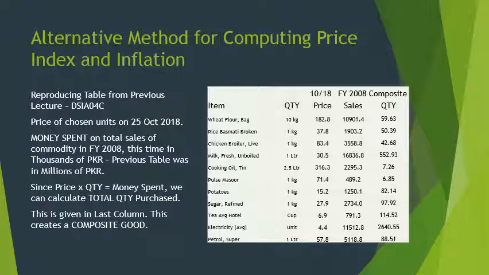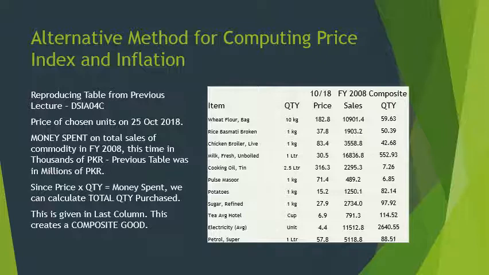And so this quantity tells us that in fiscal year 2008, 596 kilos of wheat flour was purchased, 50.39 thousand kilos of rice were purchased, 42,000 kilos of chicken were purchased, and so on. So this tells us how much, in terms of quantity in kilograms or liters, was purchased in 2008.